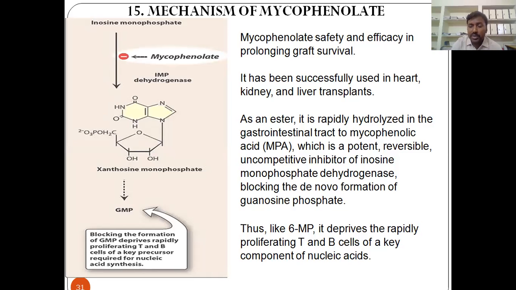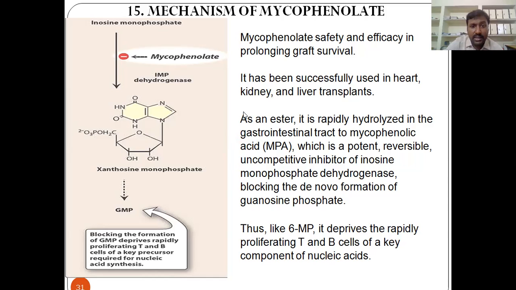Already we discussed why we have to use it in transplantation: your immune system always rejects foreign materials, whether it is a protein, an organ, or a microorganism, so we have to inhibit the immunity. At that time we can give these immunosuppressants. So especially in heart, kidney and liver transplantation, we can give the mycophenolate drug.